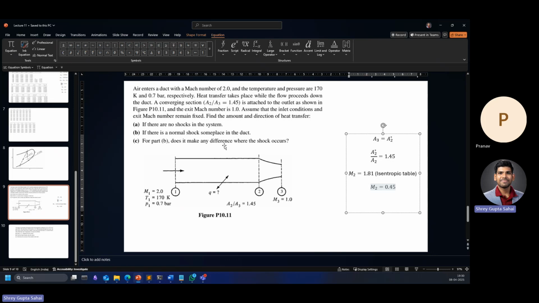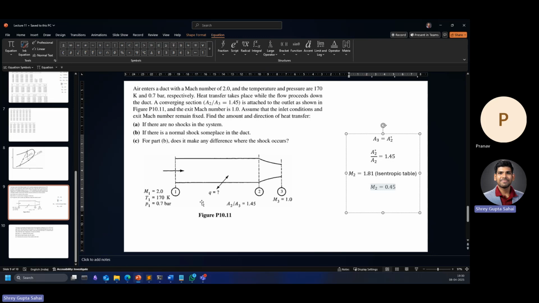And now if you have a Mach number of 0.45, then again, nothing across the shock. So now we'll have to take care of it. There is a shock somewhere. Okay, fine. Then there will be a shock. Let's look at the C part and then we'll solve for B.